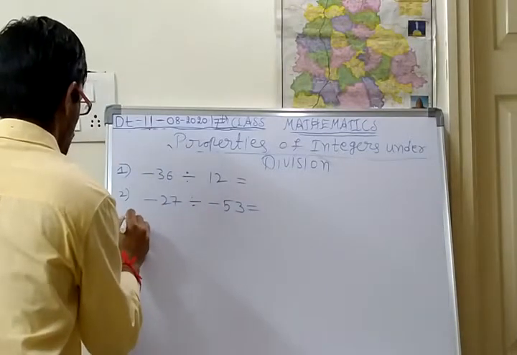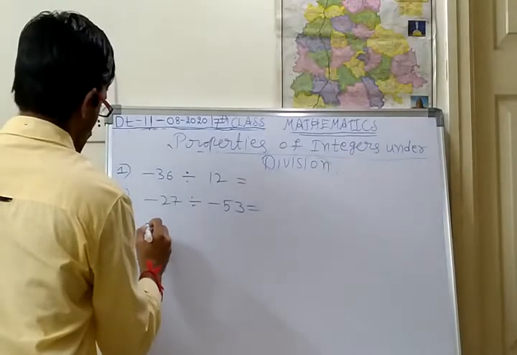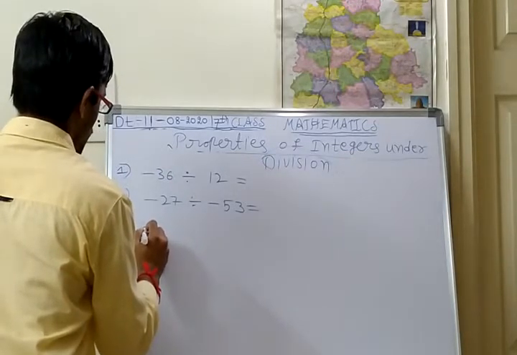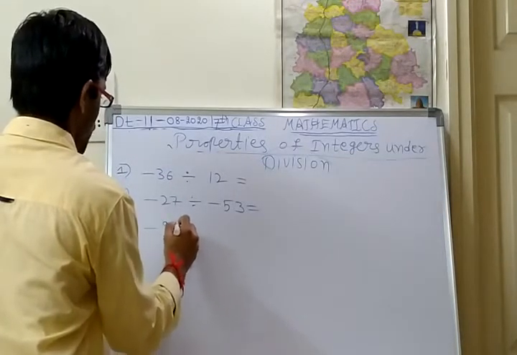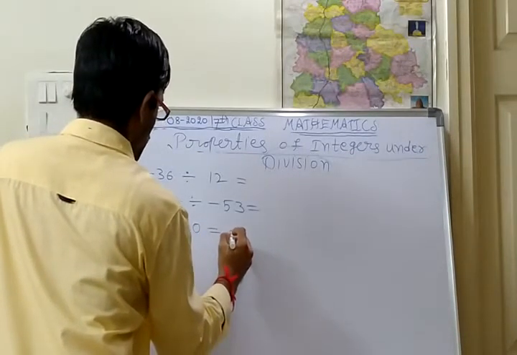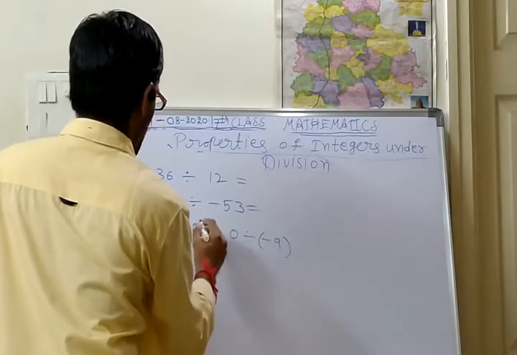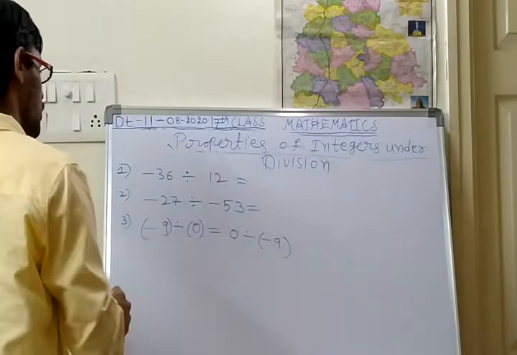Next, third one. Minus 9 divided by 0 is equal to 0 divided by minus 9. Okay, this is the commutative property.